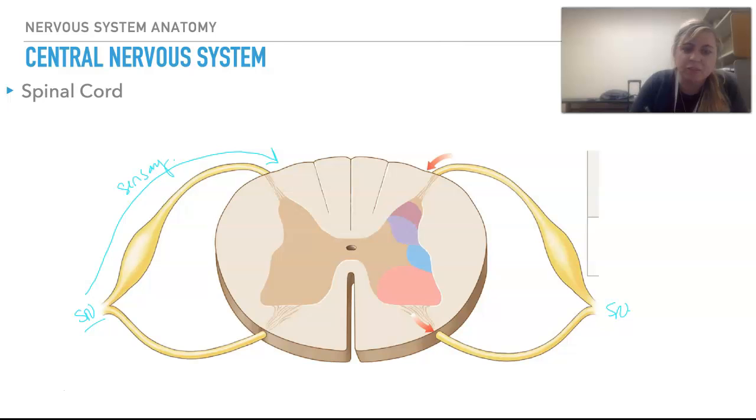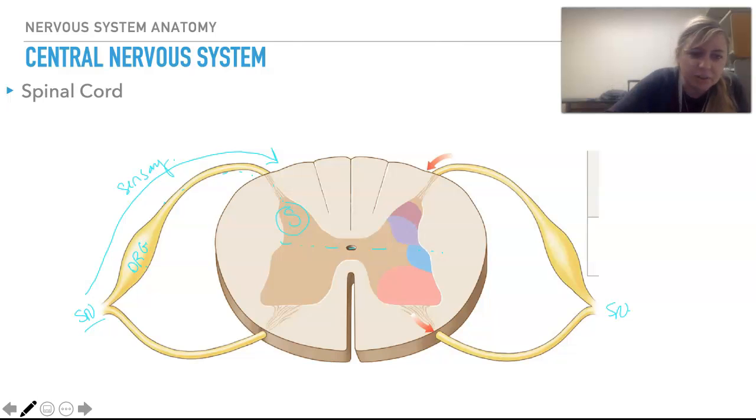So this is going to be sensory input coming in. There's an area here called the dorsal root ganglia. That's where we have a lot of cell bodies concentrated on the dorsal side. And then as those axons enter the spinal cord, there's going to be a lot of sensory nuclei from the sensory cell bodies in the dorsal side of our gray matter.